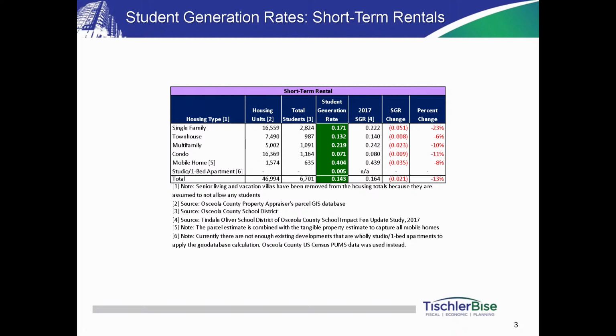We did the same type of analysis that was done as part of your last impact fee study, again using geocoded data. Again, 6 different land use categories, studio one-bedroom apartment being a new category. Much like the county-wide numbers, these numbers are going down as well. Overall, it's a 13% change.